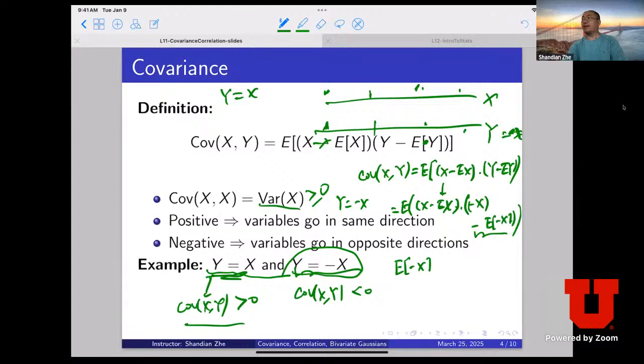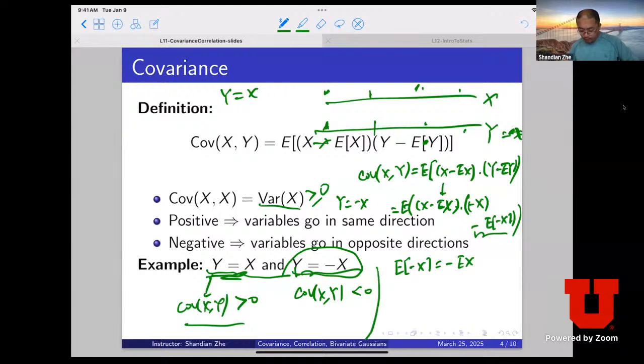Yes, exactly. Following the definition, if you do the integration, you just move the sign outside. So you can immediately obtain that this is just the negative of the expectation, we can just switch the negative sign and the expectation. Then you have a minus sign in front of the expectation, so these two minus signs become positive.